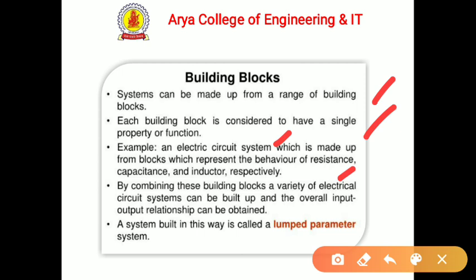By combining these building blocks, a variety of electrical circuit systems can be built up, and the overall input output relations can be obtained. A system built in this way is called a lumped parameter system.